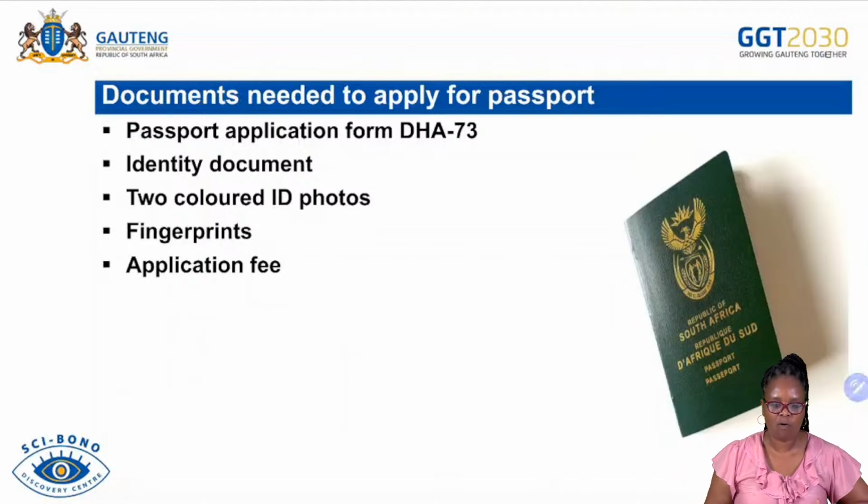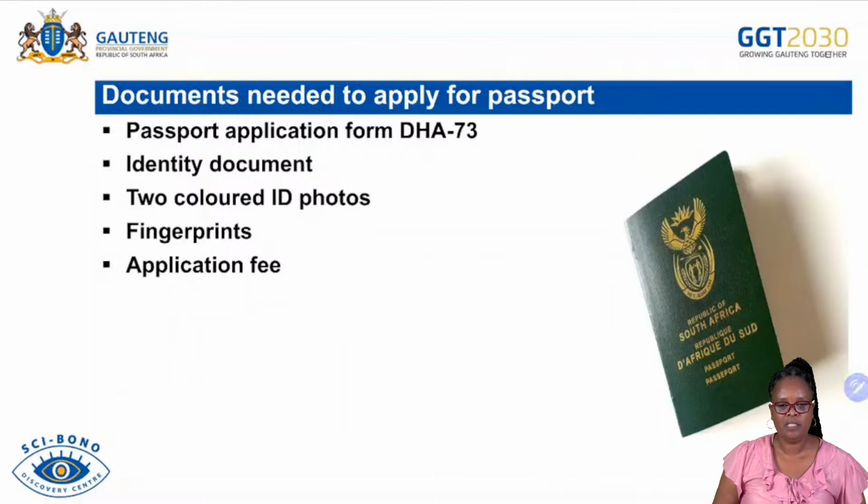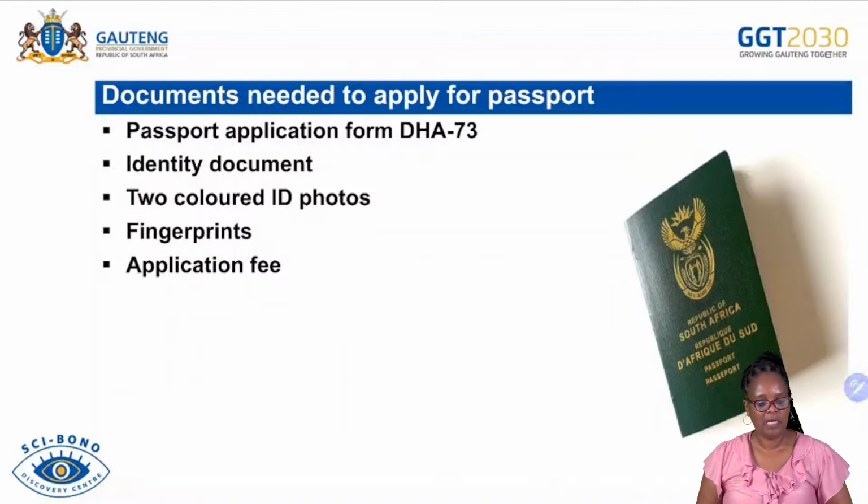Whether your name, nationality, where you were born, you'll be filling it in this form, the DHA 73. They will also need your identity document. You cannot apply for the passport without your identity document. So first of all, you need to have it.